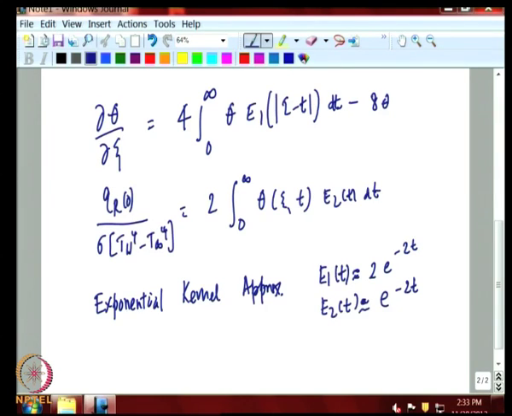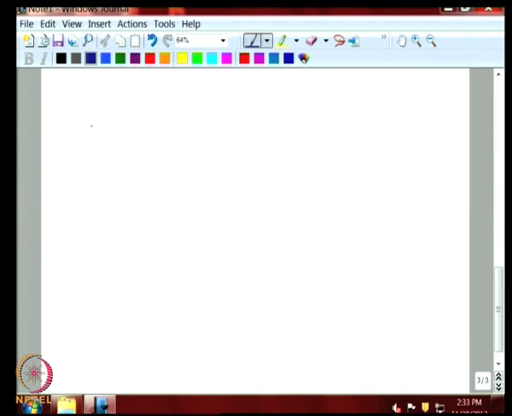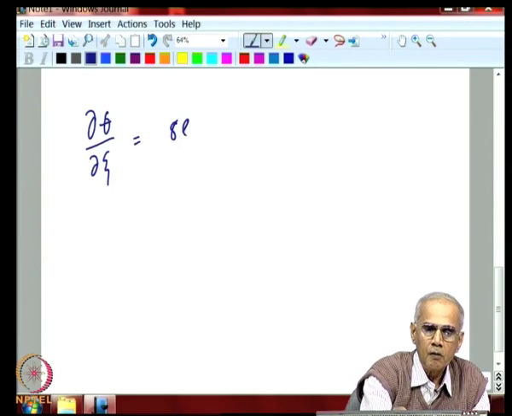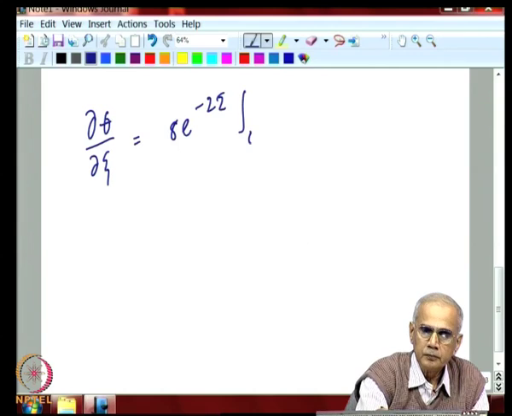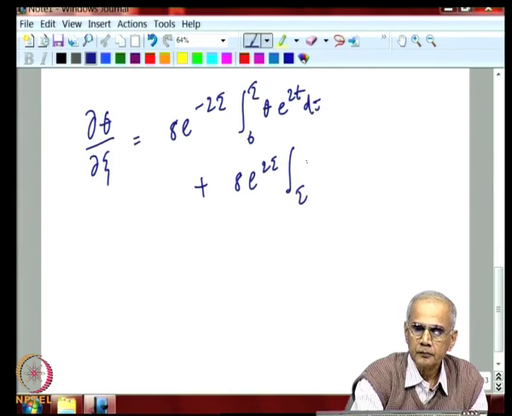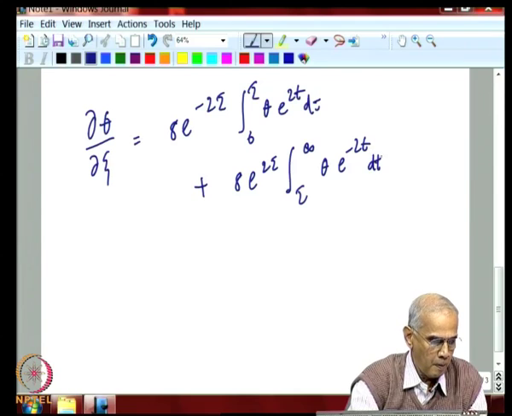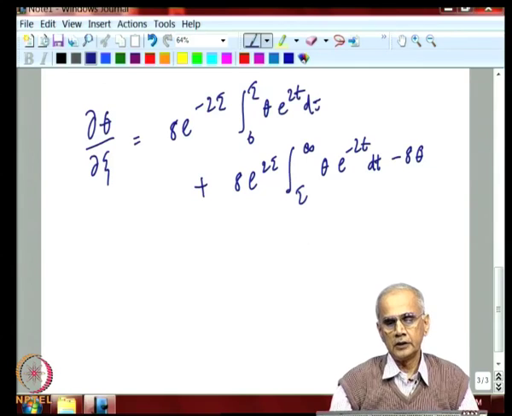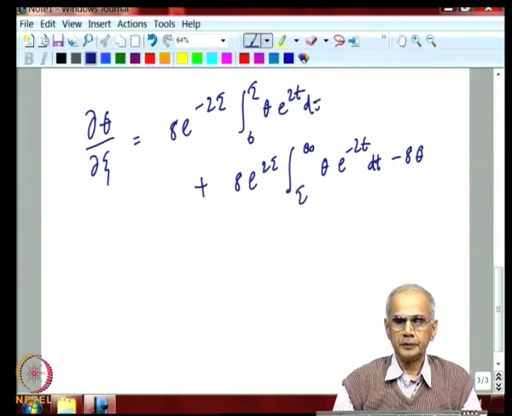Once you have done this, your expression for temperature becomes this. This is the expression that we have for the variation of temperature after it is linearized and we have done the kernel approximation.